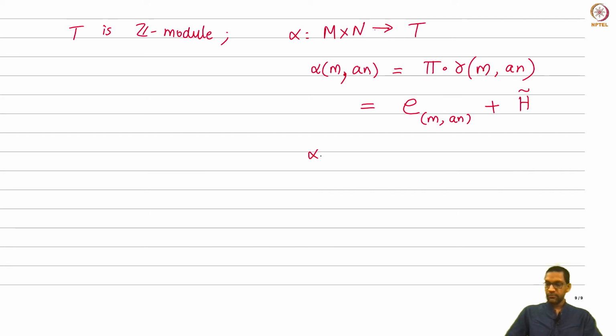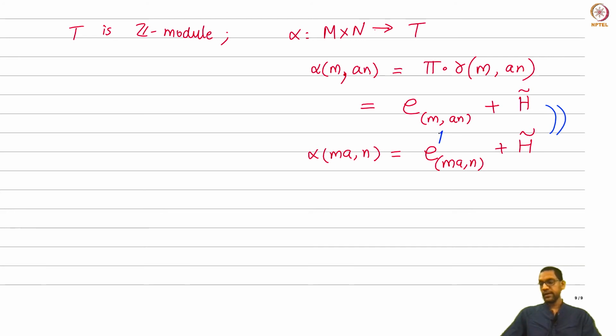On the other hand, if you compute alpha of (m, an), by the same token, this is just e of (m, an) plus H tilde. But observe these two cosets are equal. Why? Because the difference between these two elements, e of (ma, n) minus e of (m, an), is in H tilde, so these two cosets are exactly equal.